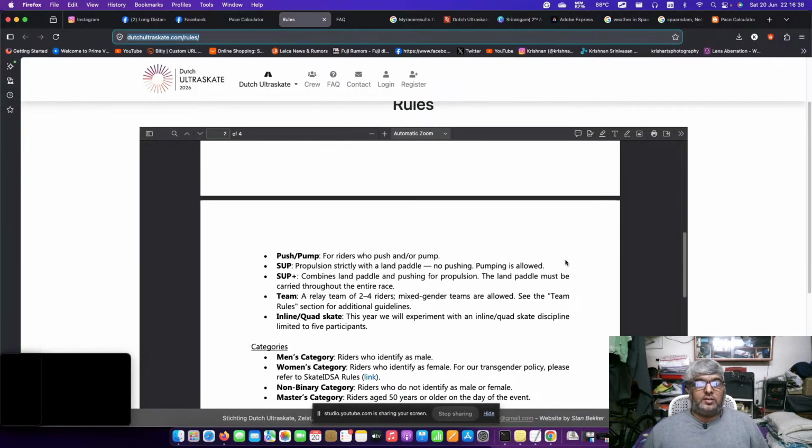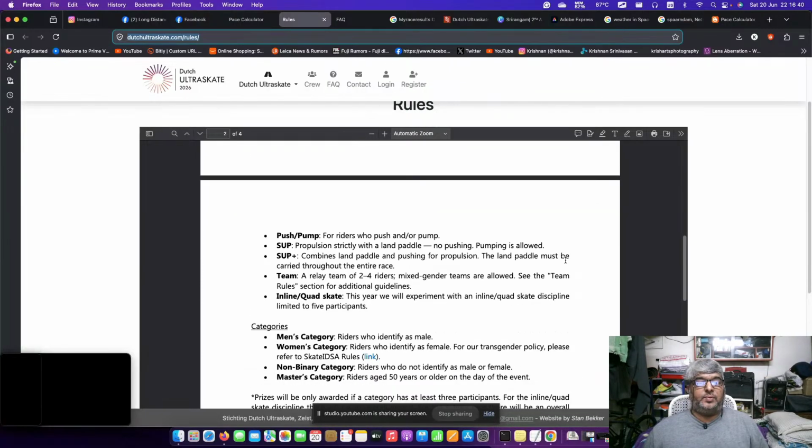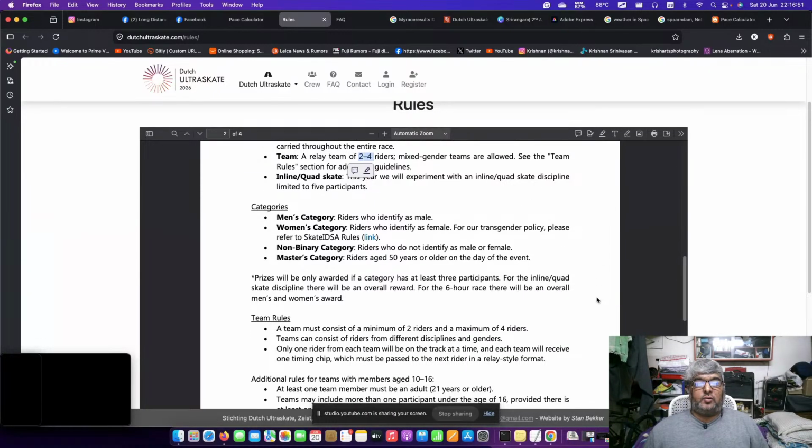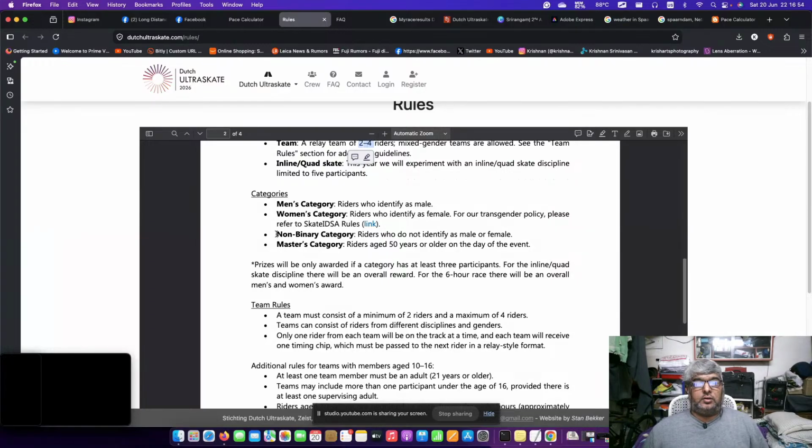Then what are all the categories they have? Race disciplines as they put: push pump, SUP, SUP plus, team, and inline quad skates. 2 to 4 riders are allowed per team. Men's category, women's category, non-binary. That tells you they accept every gender. Masters category is for those who are 50 years plus.